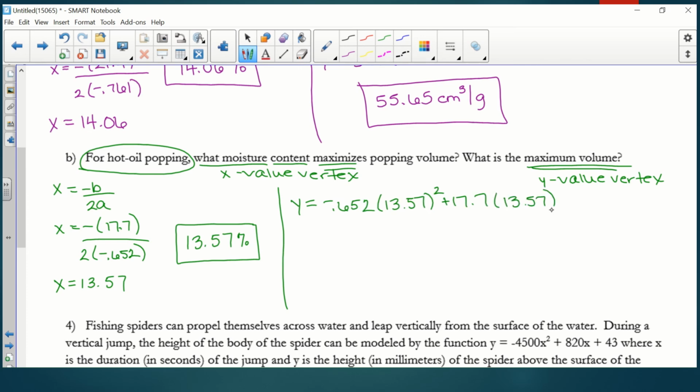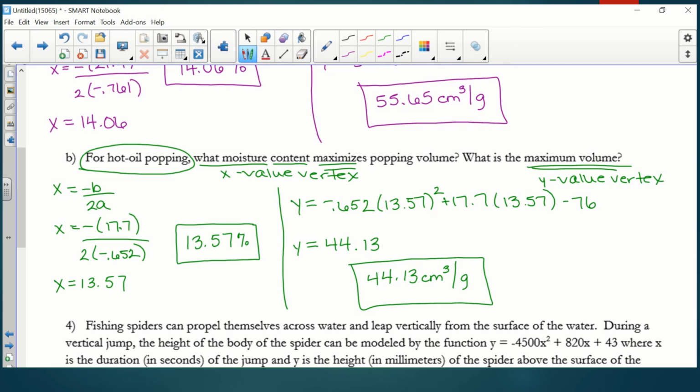You can type them right into your calculator the way we're writing them down and just hit enter. Now rounding to the nearest hundredth, I get 44.13. Okay, so that's going to be the maximum volume. So again, to write that out, 44.13 centimeters cubed per gram.